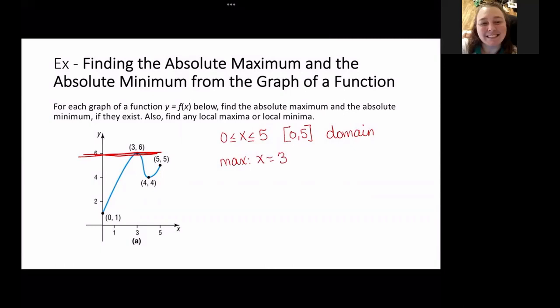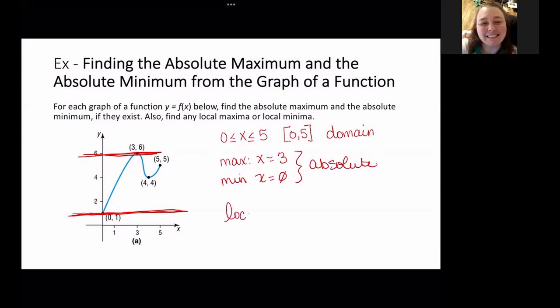And where's our absolute min? It's the absolute lowest value. It's going to be right there. Okay. Now, these are going to be my absolutes.